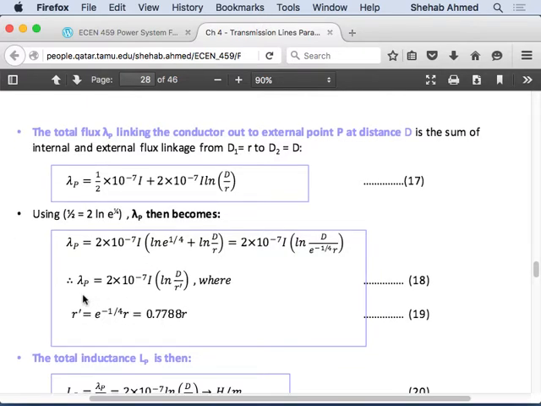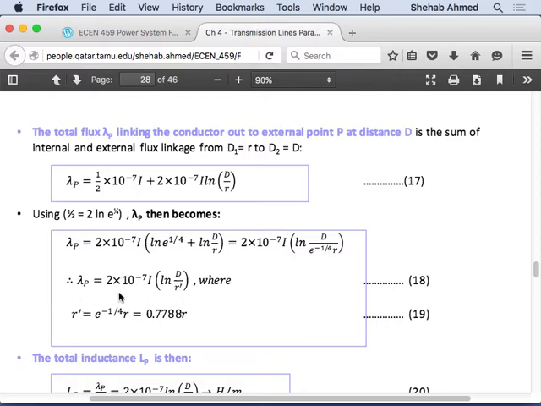You end up with the flux linking a conductor carrying current I up to a point P in space is 2 times 10 to the minus 7 natural log D over R prime. So everybody's okay with this?